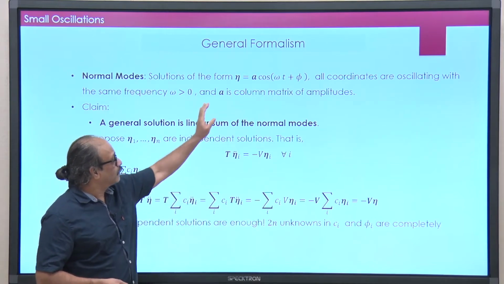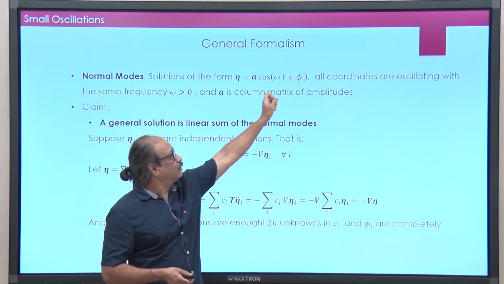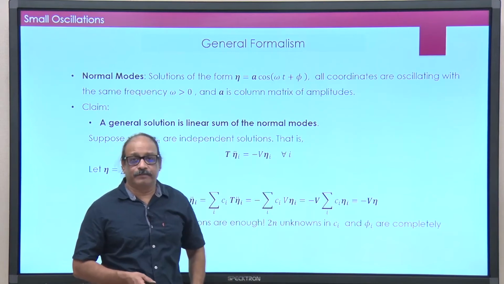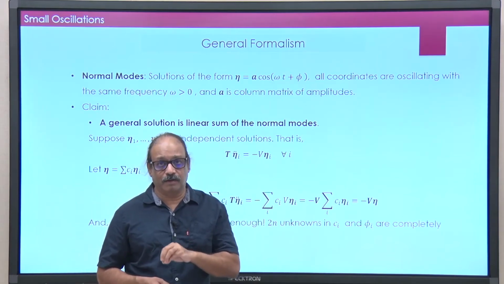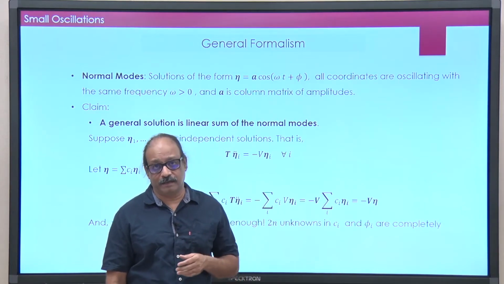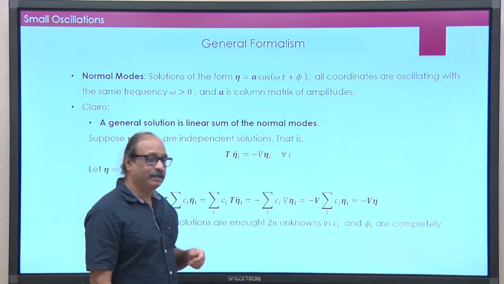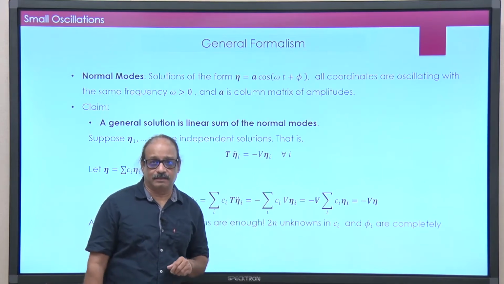Basically, each eta has a form like this: A is already known, phi is one unknown, and when you take the linear sum, there is a c_i. So, there are 2n unknown constants in the general solution, and I have 2n initial conditions. Once I have 2n equations connecting the initial conditions and the c_i's and phi_i's, the answer is immediate.